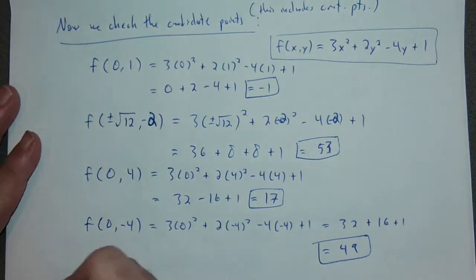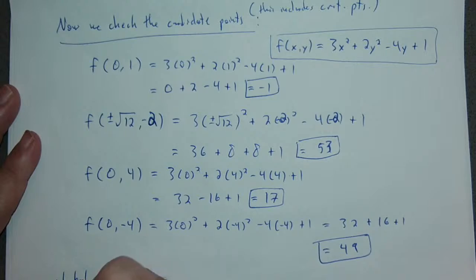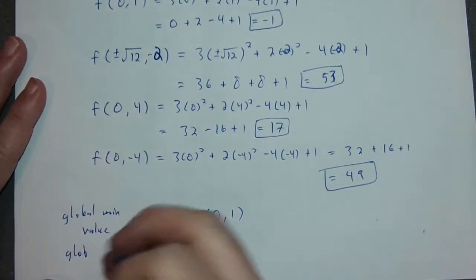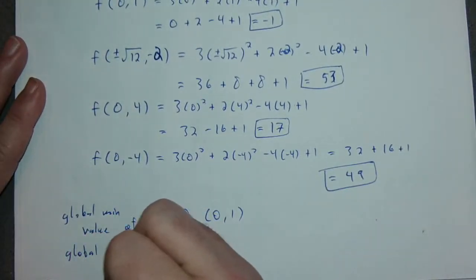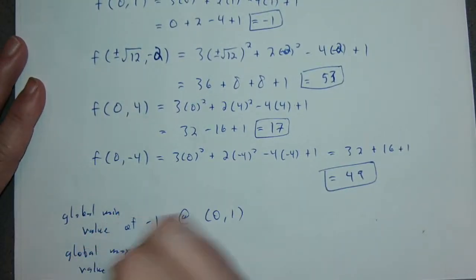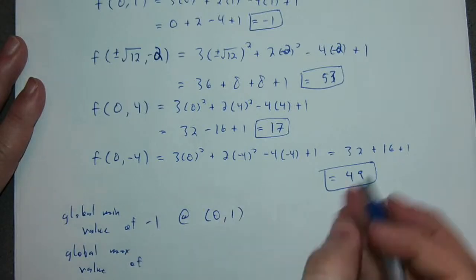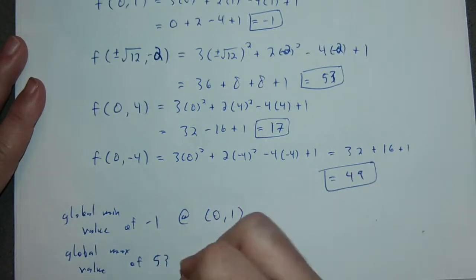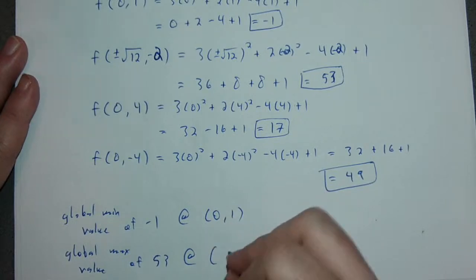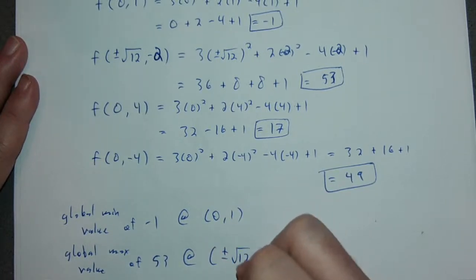So I have a global min value of minus 1 at 0, 1, and global max of 53 at 2 points plus minus root 12 minus 2.